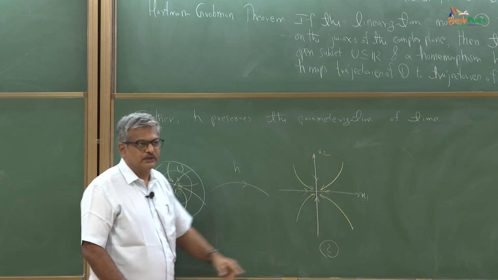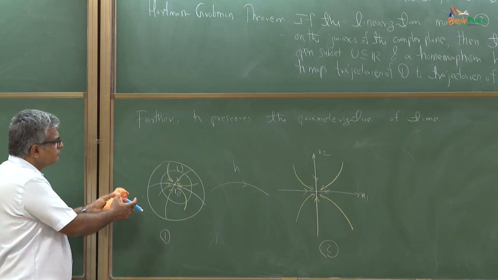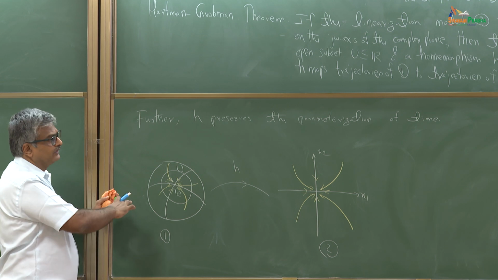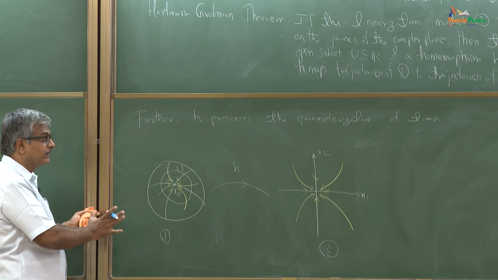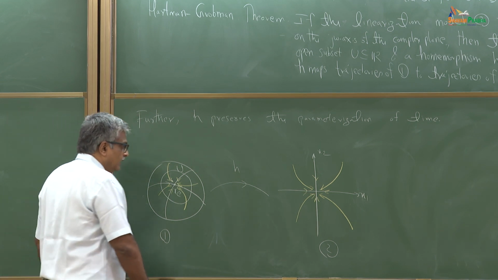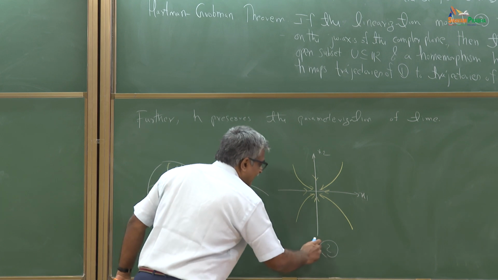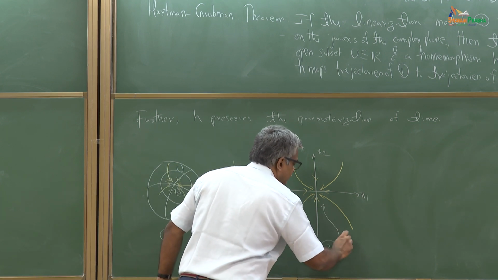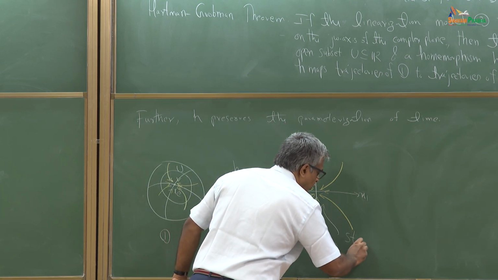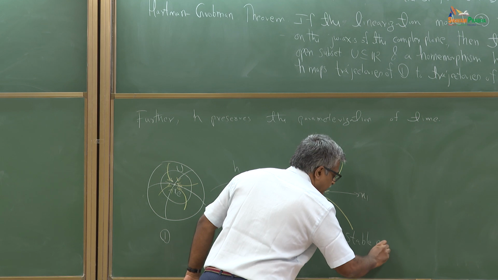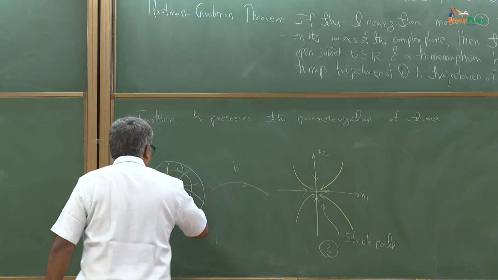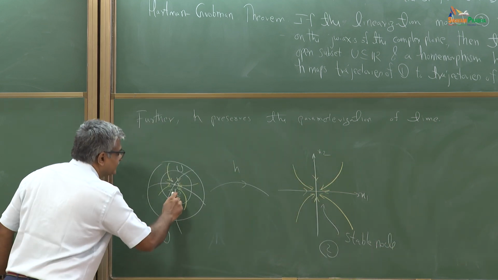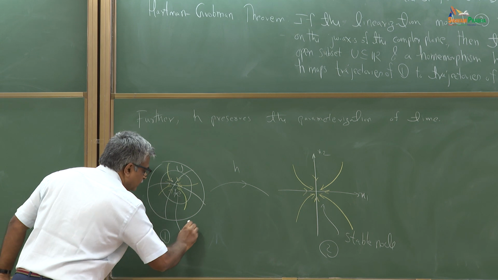What gets preserved is that if it is a stable node here, then locally this also is a stable node.